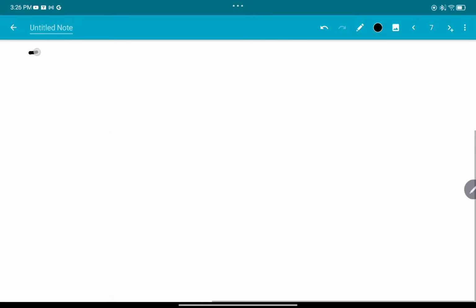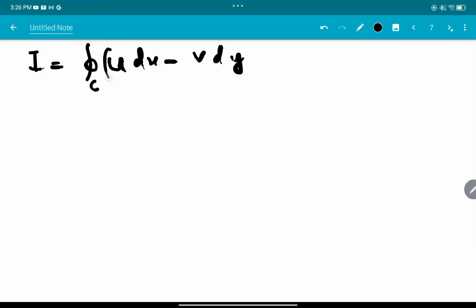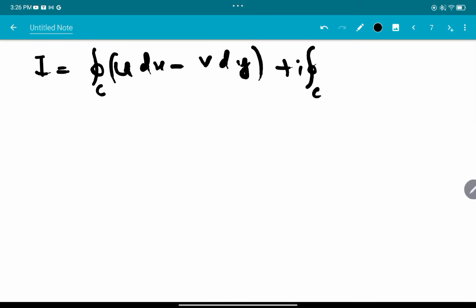Anyhow, I is equal to the integral over C of u dx minus v dy, plus again the integral over C of u dy plus v dx.